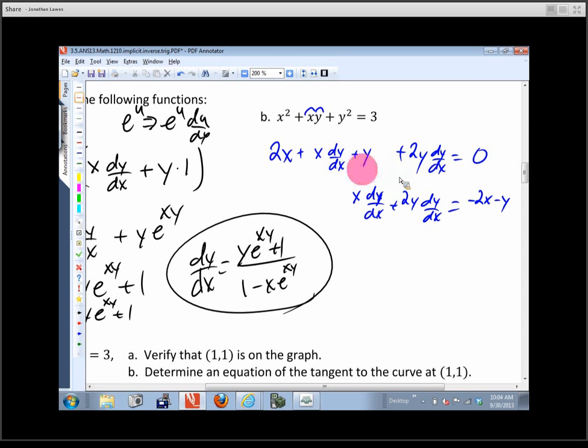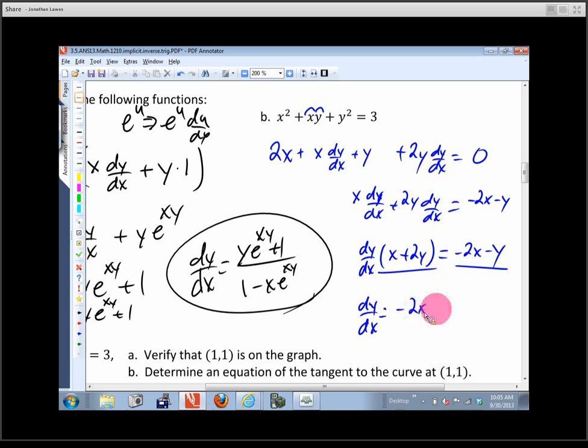So sometimes it's kind of nice to factor it out and collect them at the same time. You're going to get dy/dx and then x plus 2y. And then over here we're going to have minus 2x minus, just minus y. And then we finish this off by dividing, of course. So we end up with dy/dx is equal to negative 2x minus y over x plus 2y. And that right there is the answer.